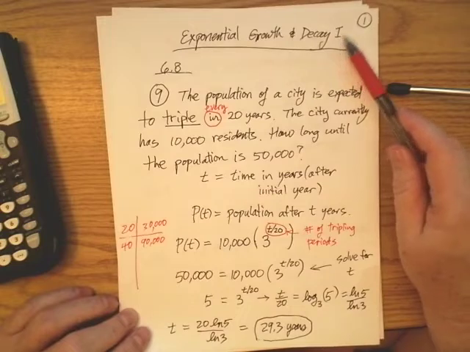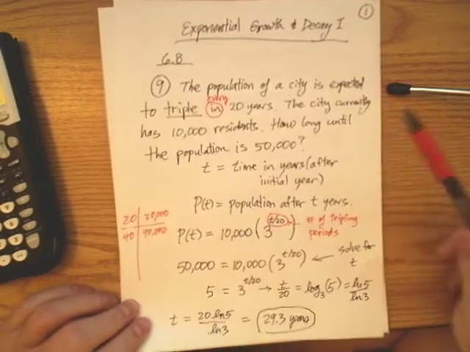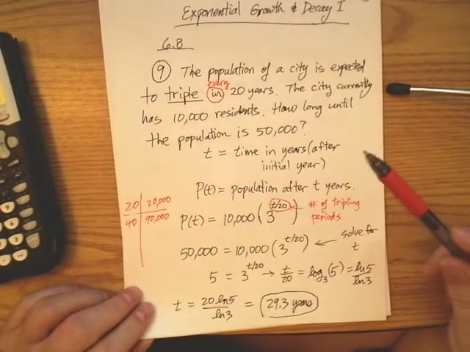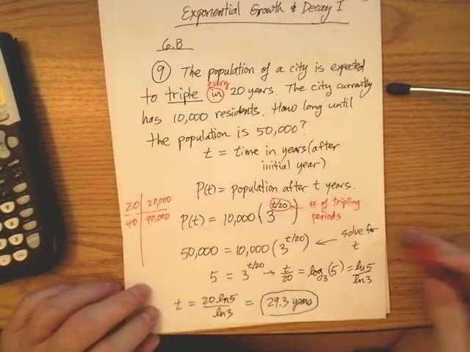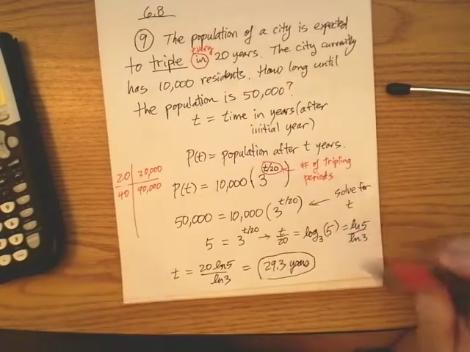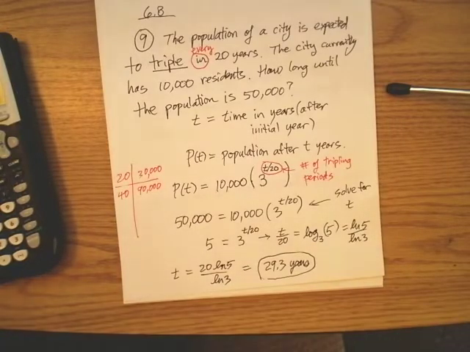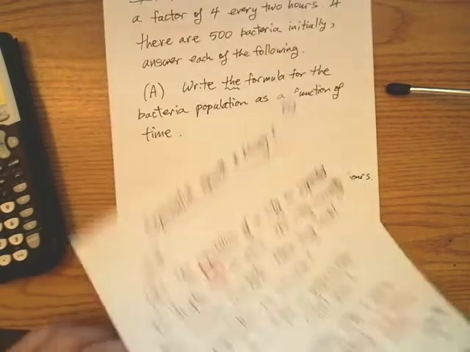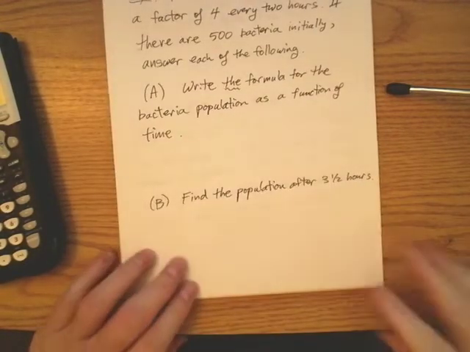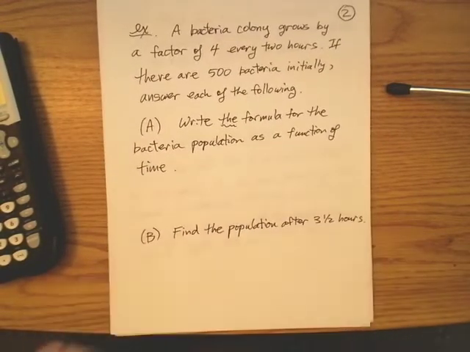I'm going to come back and revisit all this stuff again using a continuous compounding approach instead. So we'll be looking at the same problems in two different ways. All right, let's try another problem. Hope that made sense to you.